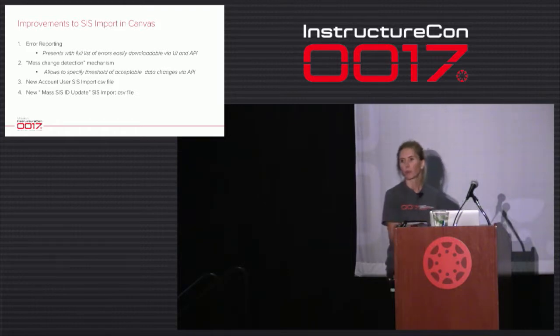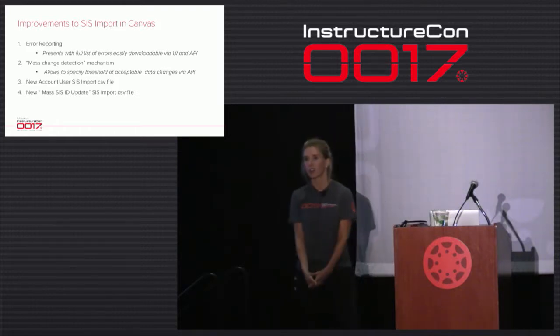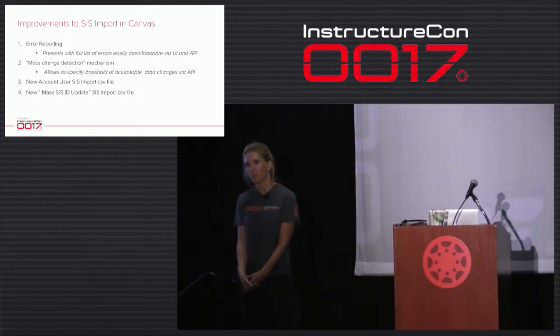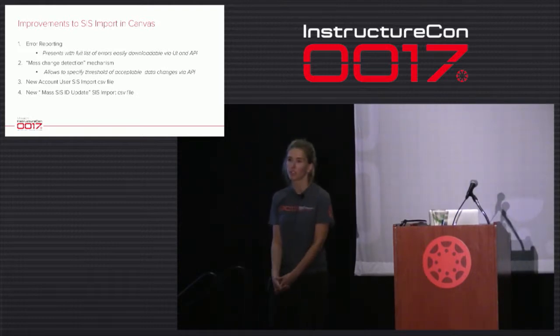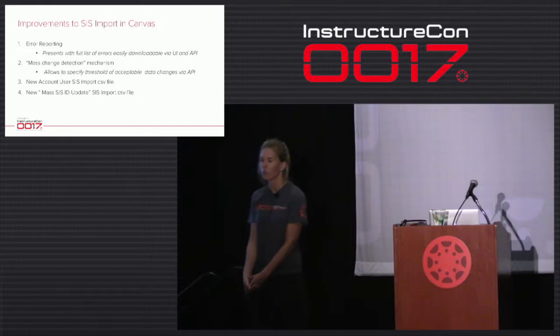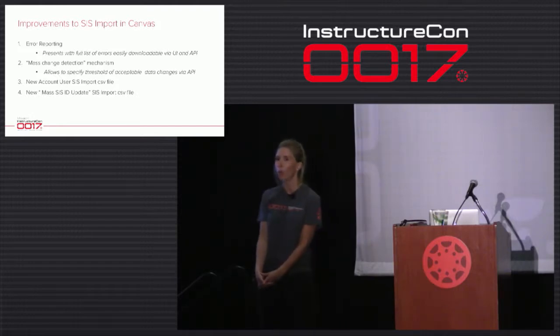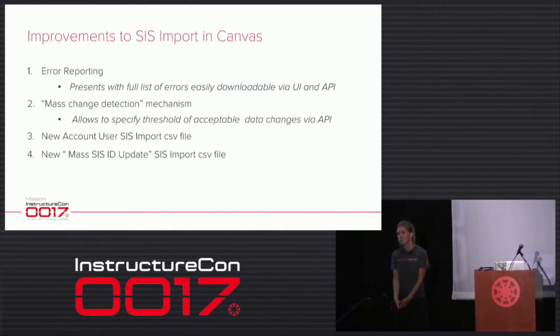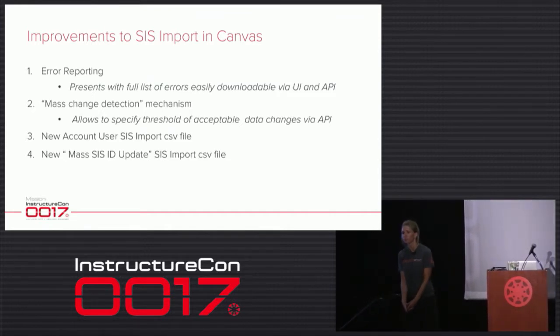We also made some improvements to our own SIS imports. We did a little bit of fine-tuning of the performance as well as functionalities. For those of you administrators running your own scripts, we now allow you to see the full list of errors that happen during your SIS import.